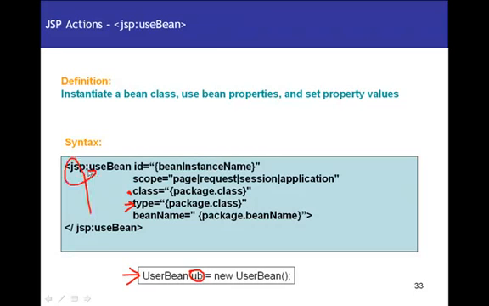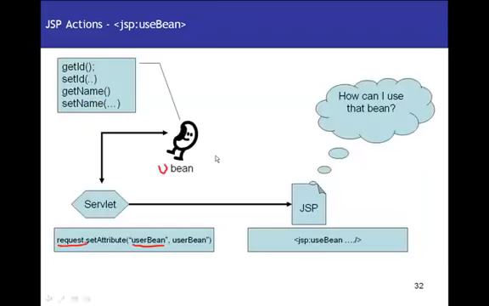So when you put this in your JSP page, it basically tries to find a bean with this name, with this attribute value, in that particular scope which is set.